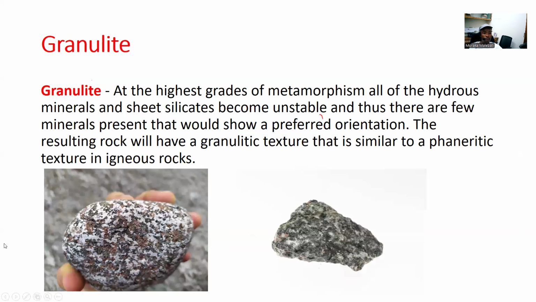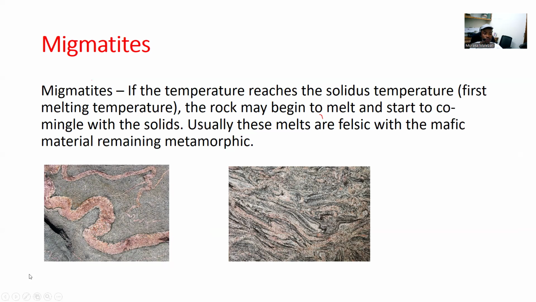If you can check over here, sorry about that, we see so many signs of melting. So this tells you that we melted a metamorphic rock. Now we have a mixture of metamorphic and igneous, and that's what you call a migmatite, with a migmatitic texture.